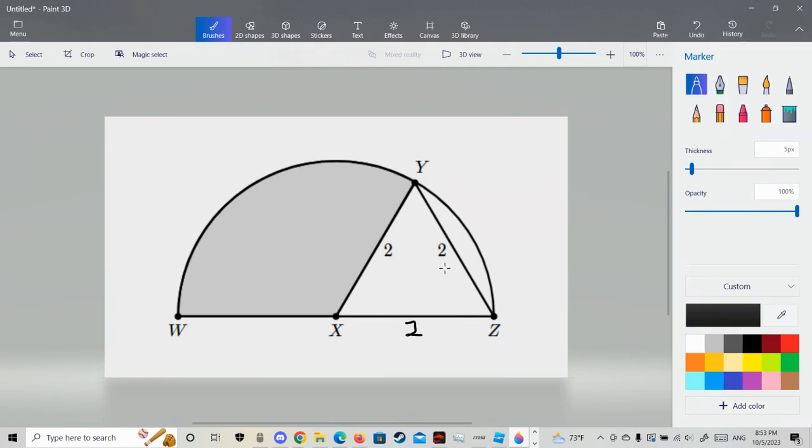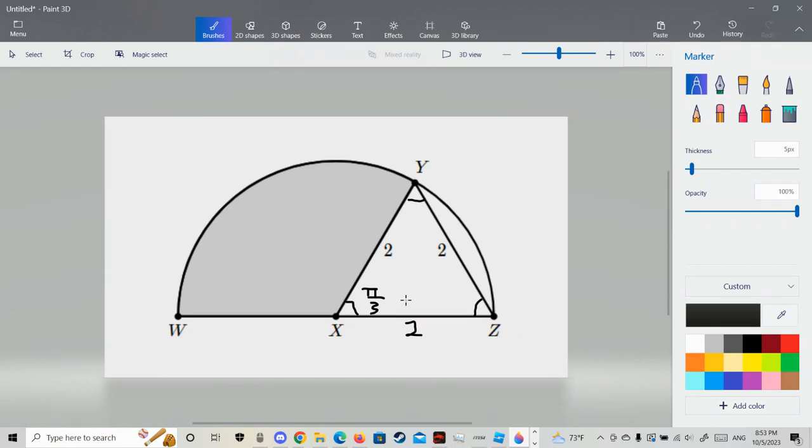And so now we see that this is an equilateral triangle, which means all of these angles are the same angle, all the same radians. That number of radians is pi over 3. Why is it pi over 3? Because all of the angles in a triangle add up to 180 degrees.